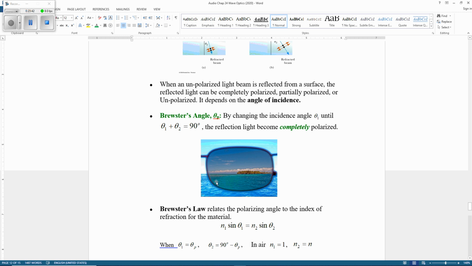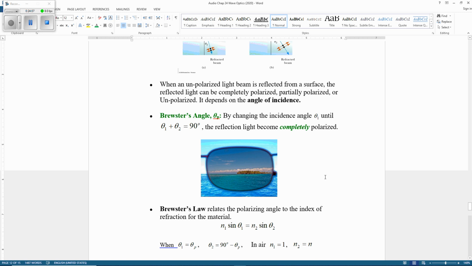But if you wear sunglasses at a right angle, then what happens? The reflected light is going to be cut off, right? Because reflected light is supposed to go this direction, but your glasses only let this direction pass through. So you can still see outside, but no reflected light from the water surface.